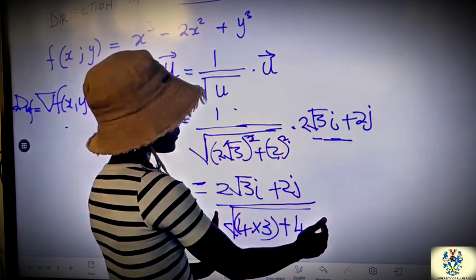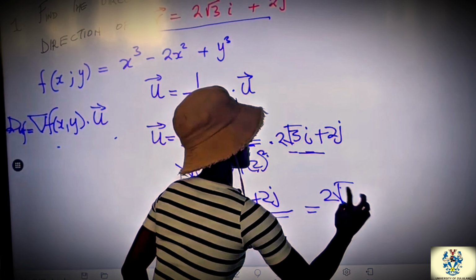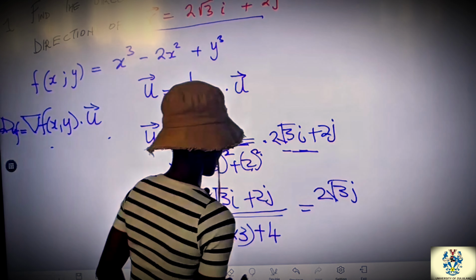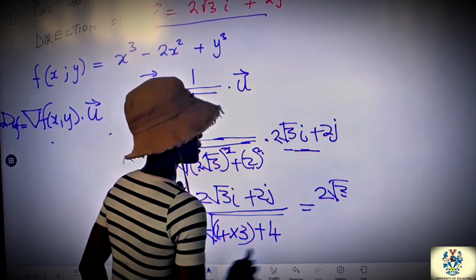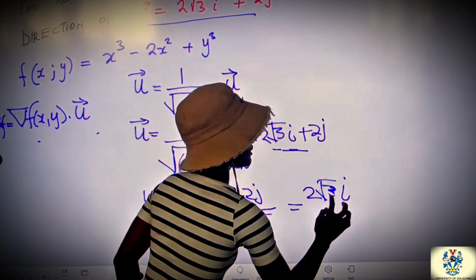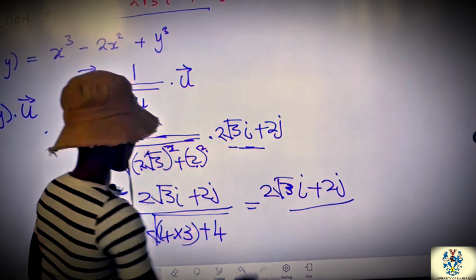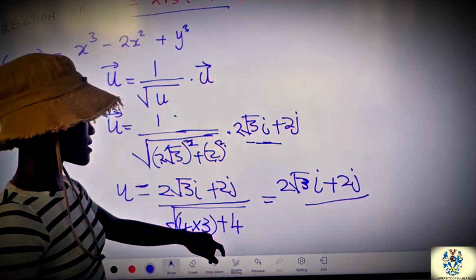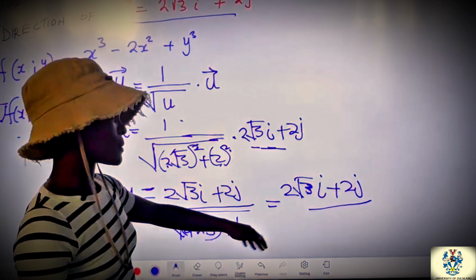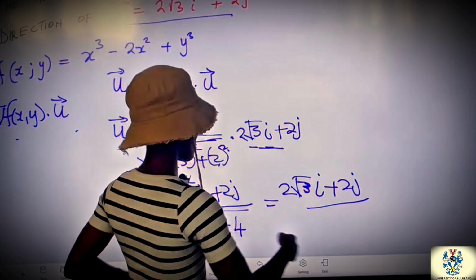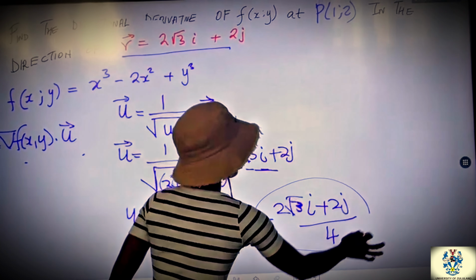So we still have 2 square root 3 i plus 2j, all over the square root of 12 plus 4, which is 16. The square root of 16 is 4. So this is our unit vector.